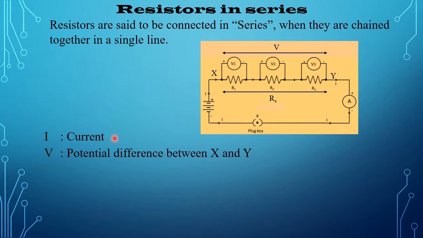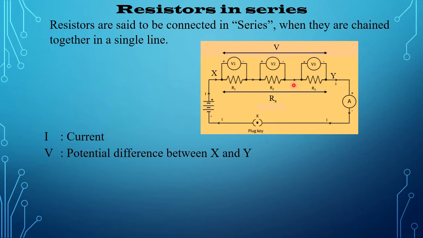Now, the three resistors R1, R2 and R3 are connected in series. Let V1 be the potential difference across the resistor R1, V2 be the potential difference across the resistor R2, and V3 be the potential difference across the resistor R3.